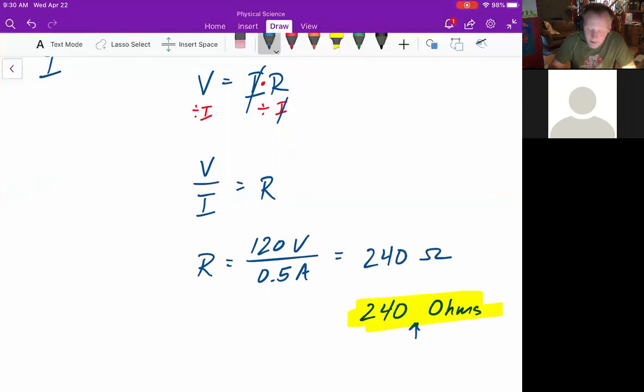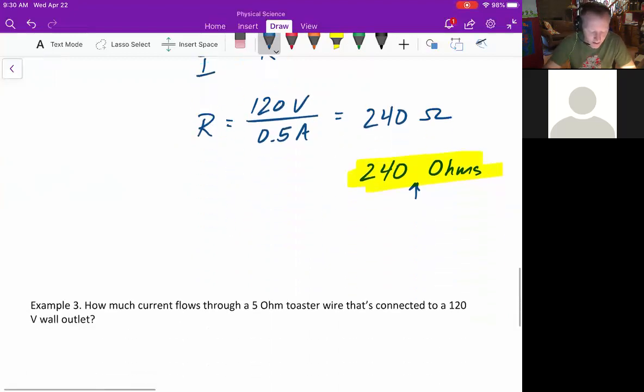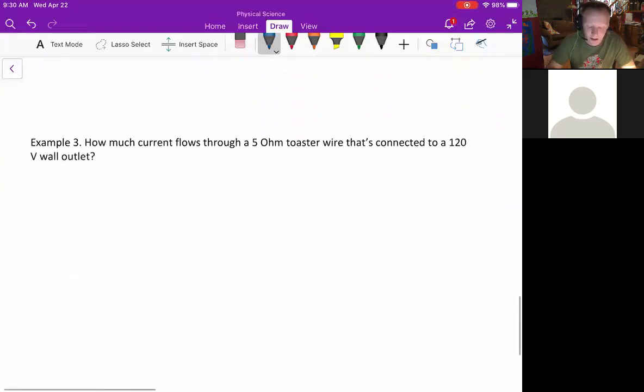One other thing: there are only 3 things I can ask you about with any of these questions: V, I, and R. I've already asked you about V and I, and R, so you can probably predict where we're going. How much current flows through a 5 ohm toaster wire that's connected to a 120 volt wall outlet? Toasters are pretty simple devices. At the simplest, they have a wire that heats up as electricity passes through it.